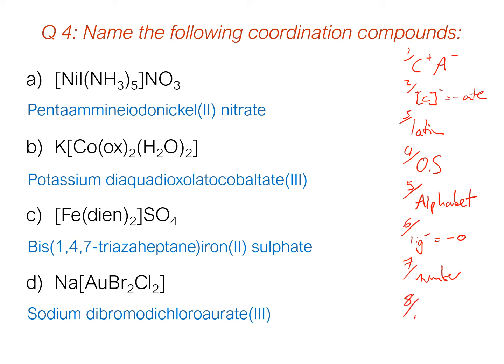And then rule 8 is what I've called the number rule. This is where there's already a number in the ligand itself, something like a bipyridine, then the number showing how many ligands there are changes. Instead of being di, it goes to bis. Instead of tri, it's tris. Instead of tetra, it's tetrakis.